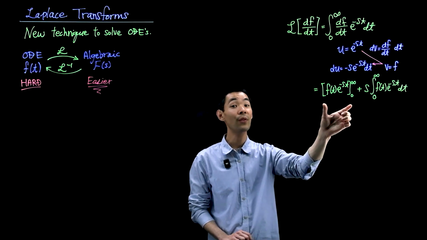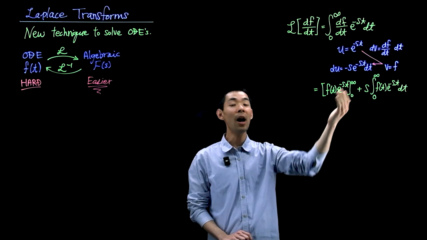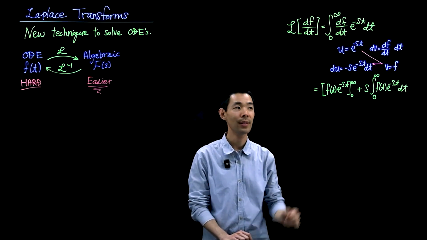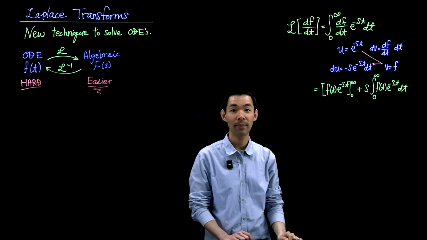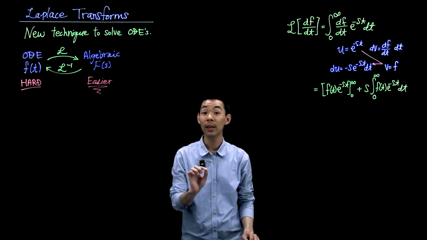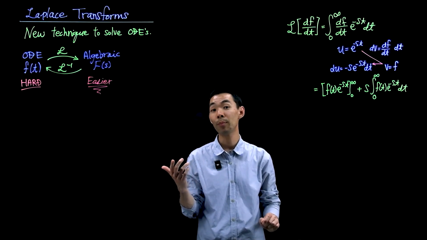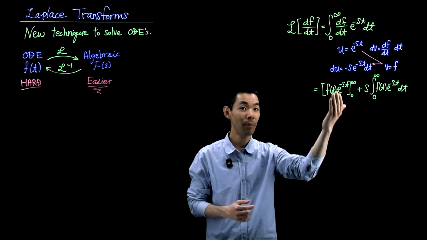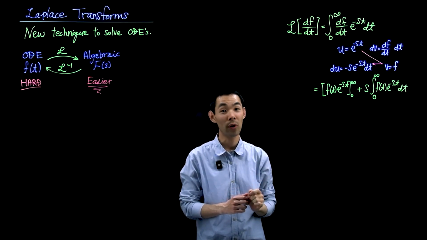Let's first think about the first term on the right-hand side. At the upper bound, as t goes to infinity, what happens to the product of little f of t times e to the negative st? Once again, the assumption with Laplace transforms, and actually a very important property, is that the function you want to take the Laplace transform of must be of at most exponential order.